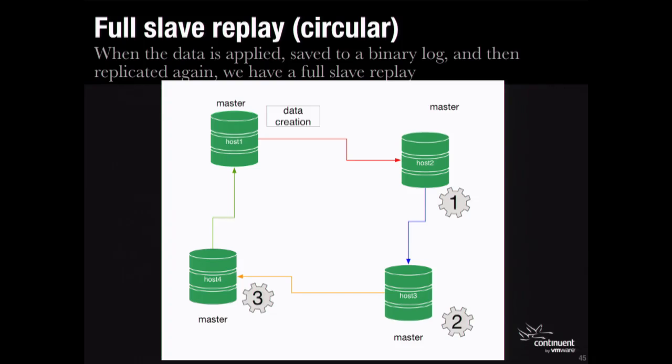Until MySQL 5.7, the only way of doing multi-master was circular replication with full slave replay, meaning that you start putting data in one host, it will be replicated in another host, then it will be replicated again and replicated again.